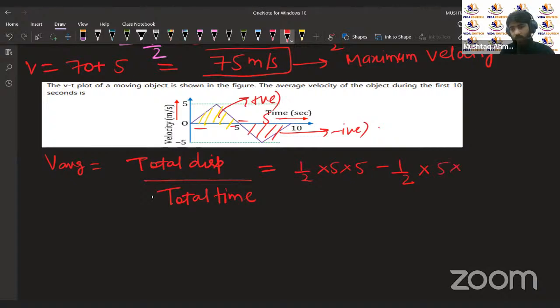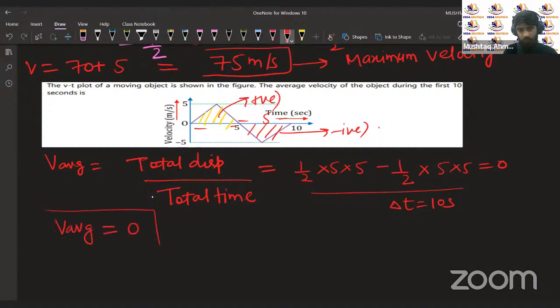We can see that the total displacement is 0 upon the total time, let's suppose delta t equal to 10 seconds. So if the total displacement is 0, it means the average velocity has to be equal to 0. So the average velocity here between 0 to 10 seconds is 0, because the total displacement is equal to 0.